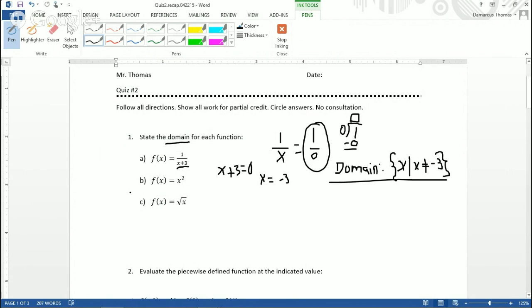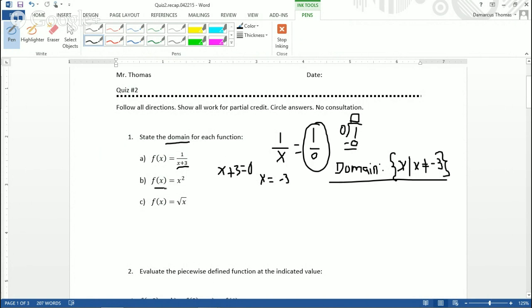Okay, let's move on. Well, clearly there are no restrictions. We can put any real number into x as an input value, and we'll end up getting a real number. 0, -1, -2. It turns out this function will only report back positive values, so the range is from 0 to positive infinity.